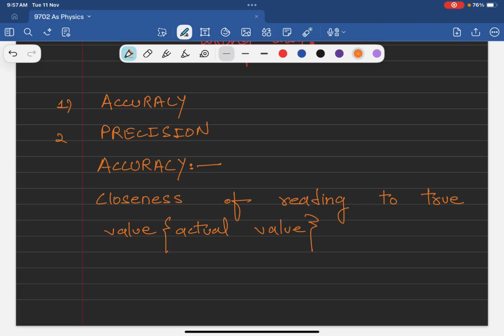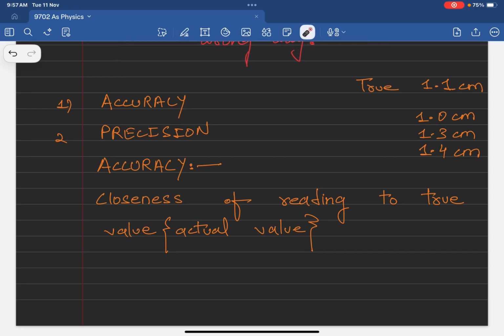So, which reading or which set of readings is much closer to the true value? Let's say, for example, the true value is 1.1 cm and we have measured three readings: 1.0 cm, 1.3 cm, 1.4 cm. So you can see in these three readings, this 1.0 is the one that is closest to the true value.